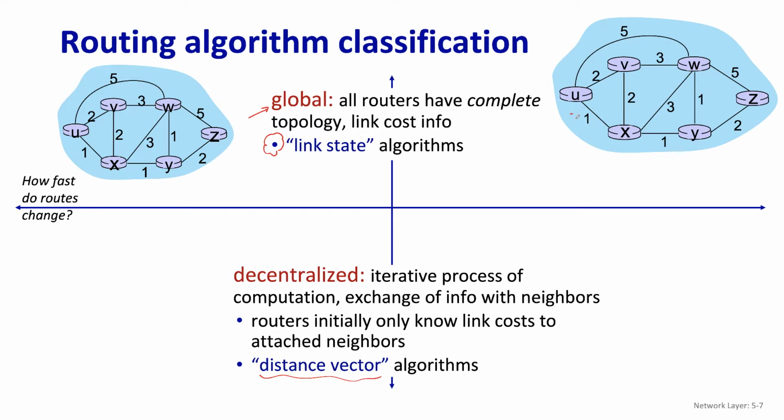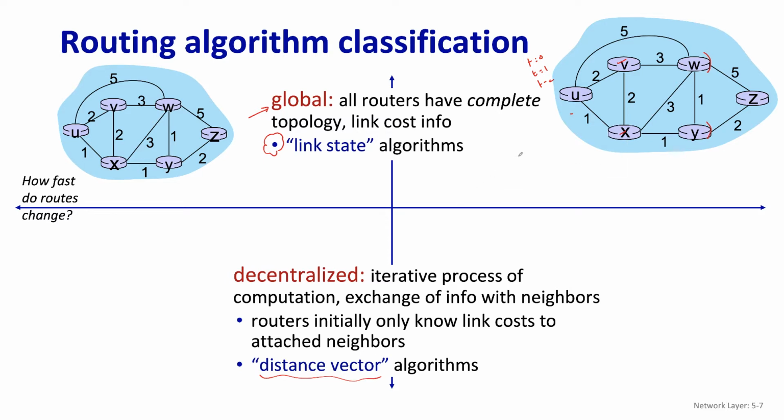So let's say at t equal to 0, for example, U here will be aware of V and X. At time step number 1, it will be aware of the others at this point. At t2, it might be aware of the whole network.